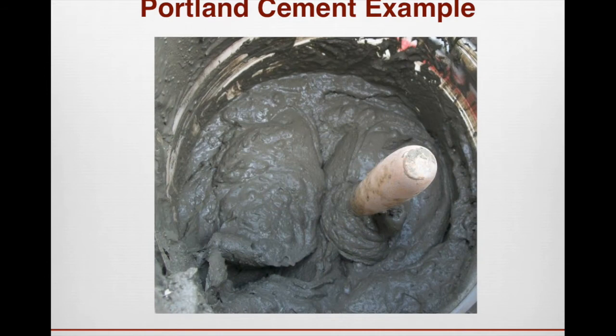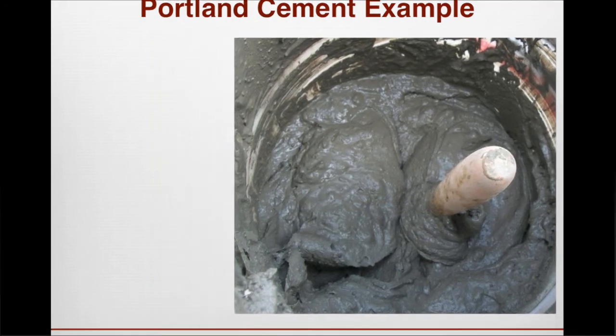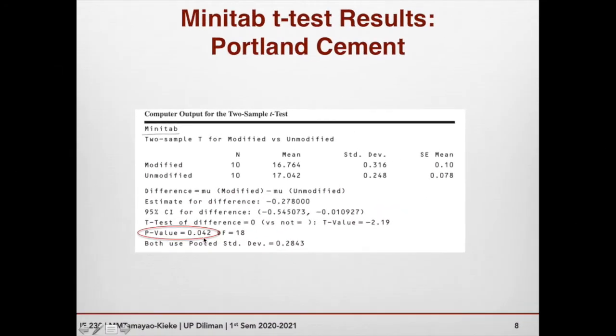Now let's go back again to our Portland example. In this experiment, the engineer wanted to determine the impact of adding a polymer latex emulsion during mixing to tension bond strength of the mortar. The original and the new formulations are the levels of the factor, which is tension bond strength. In this slide, you can see Minitab t-test results for our Portland cement example.